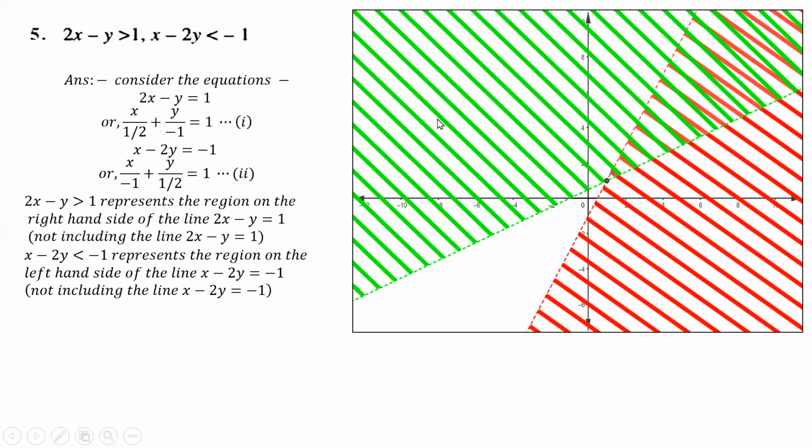So these are two different shades defining two different inequalities. Now the common shaded portion is this. This common shaded portion is the solution region for this given system of linear inequalities.